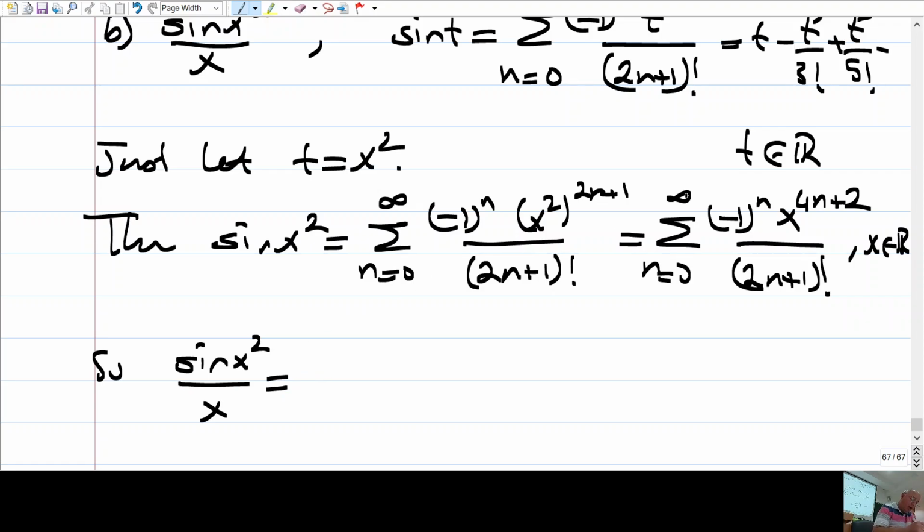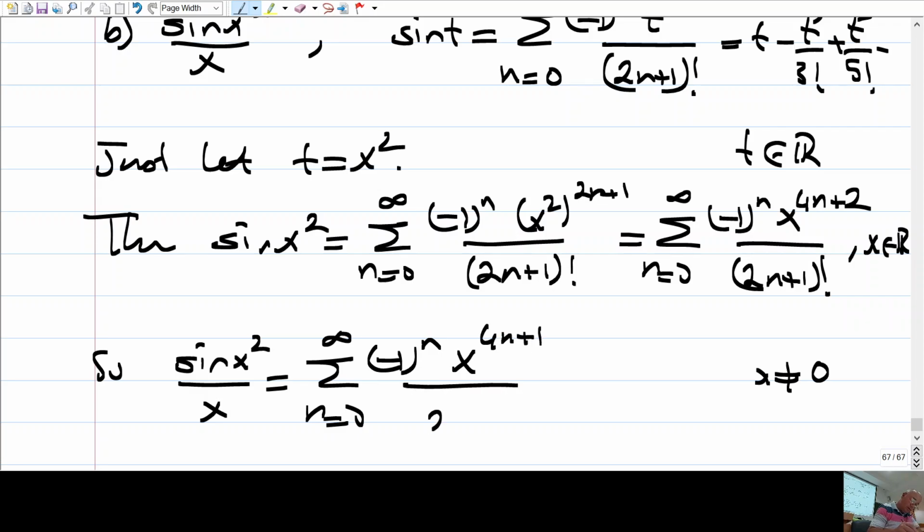Well, I divide everything by x, okay? Of course, here I shouldn't let x equal 0. Otherwise, this is undefined. But you just divide by x. So when you divide by x, you just get x to the power 4n plus 1 over 2n plus 1 factorial, sorry.